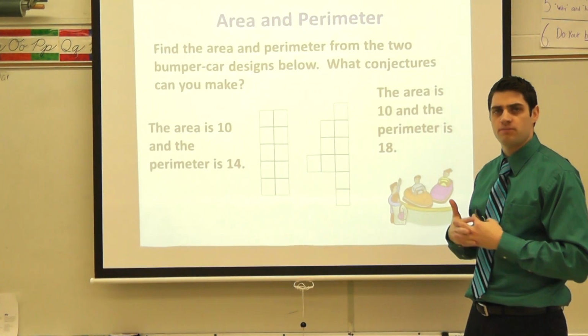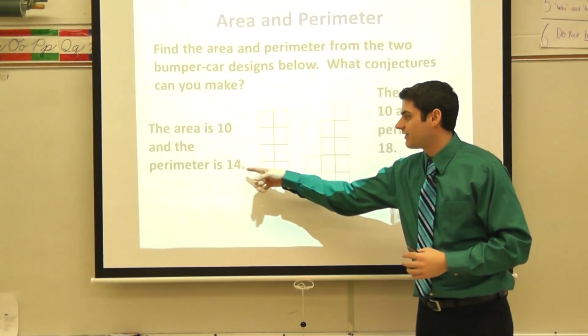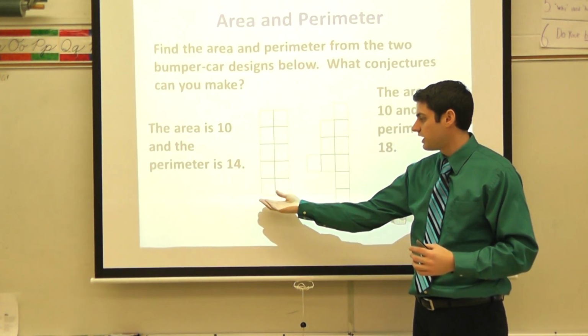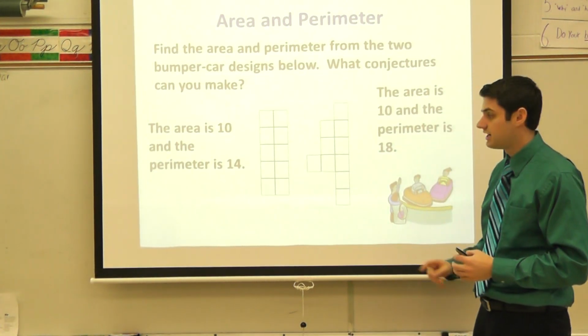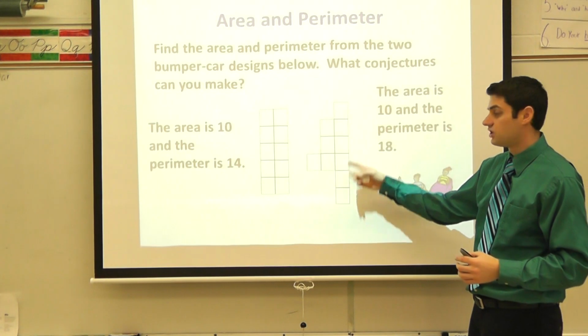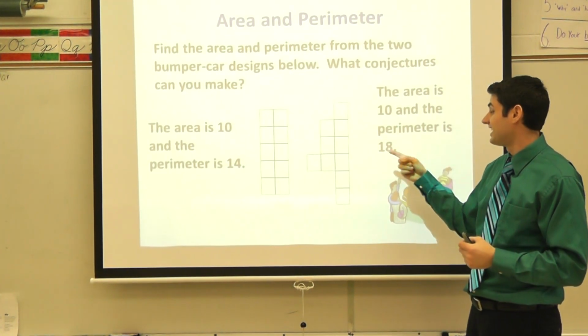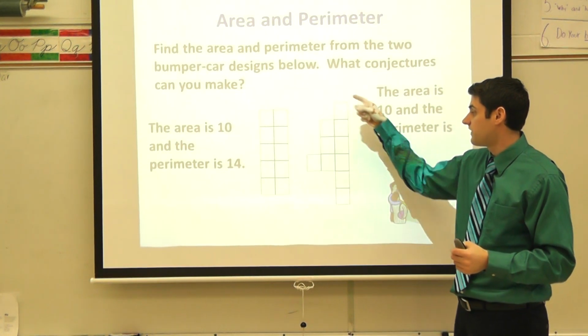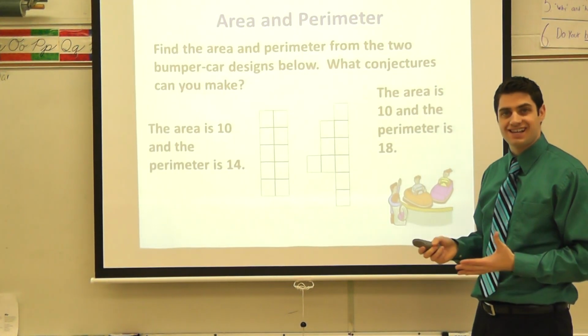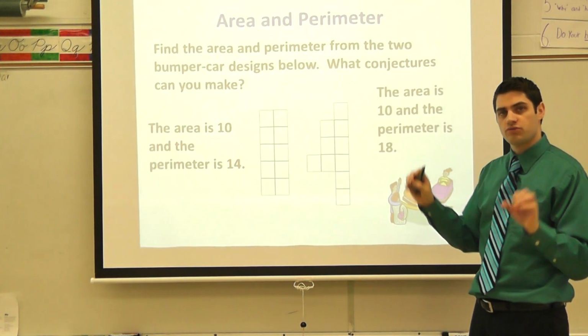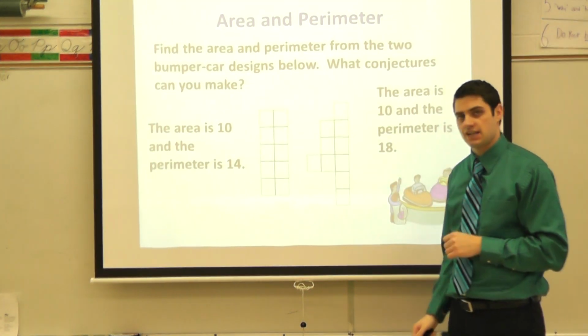If I was setting up an amusement park, it's only going to take 14 pieces of fence to enclose this first design. But in this second design, it's a little bit different, maybe a little bit cooler. It's going to cost me money to get 18 parts of a fence to put around the outside. So even though the areas were the same, the perimeters were different because the designs were different.